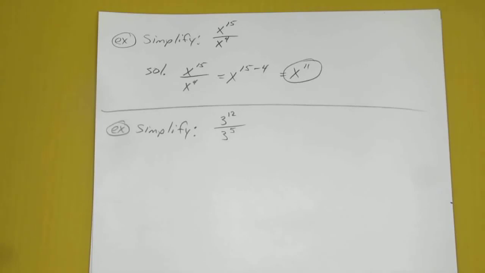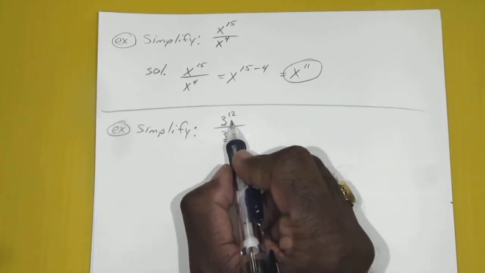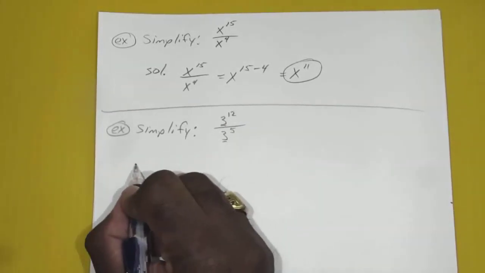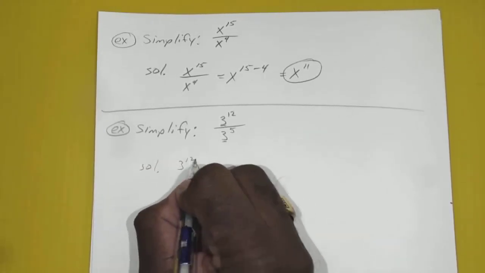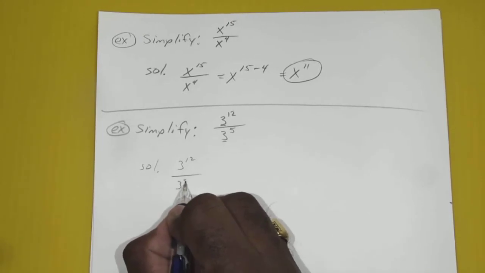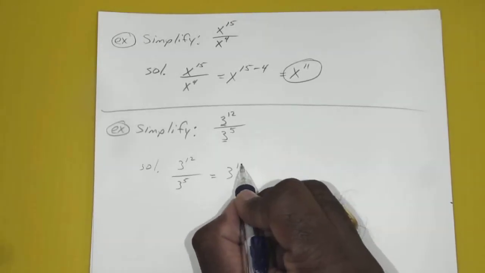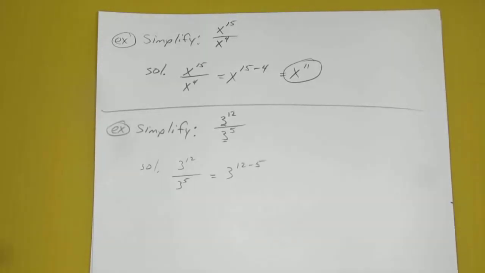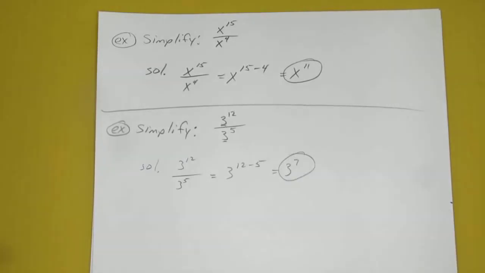So you subtract. Yep, so as long as you have the same base, you just subtract whenever you're dividing. So you have 3 to the 12th over 3 to the 5th power, just 3 to the 12 minus 5, which is 3 to the 7th.